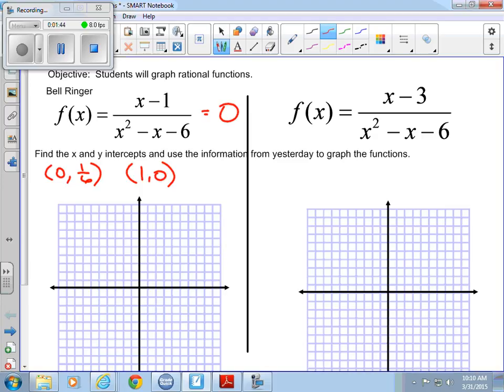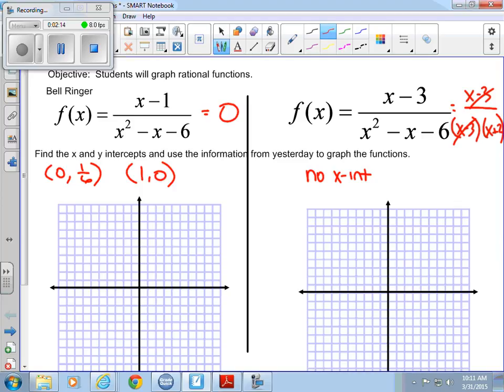Now I do have to be careful on the other one because, remind me from yesterday, what happened to that x minus 3? It was a hole. A hole is an undefined place. You can't have an x-intercept at a hole, so there is no x-intercept here, because once I cancel the x minus 3, there's nothing left on top to make it equal 0.